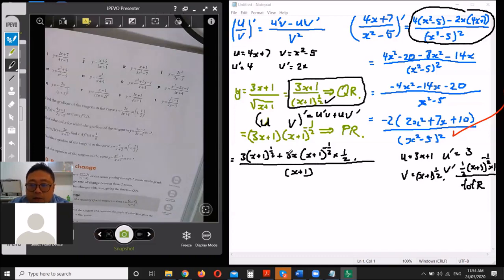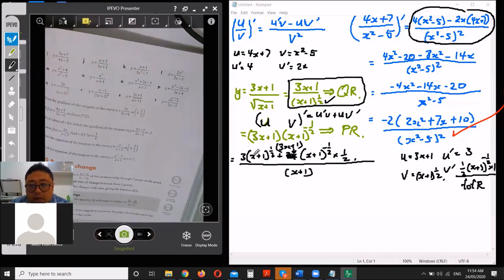Okay, cool. And then the other bit was just 3 and then x plus 1 to the power of a half. No, this will be to the power of minus a half. I'm talking about the first bit.